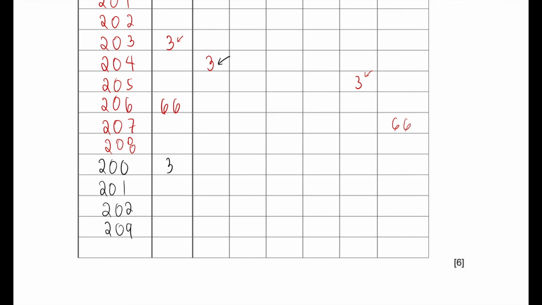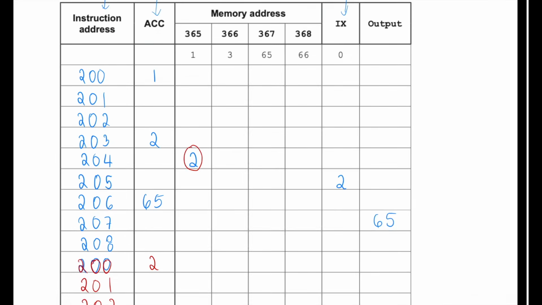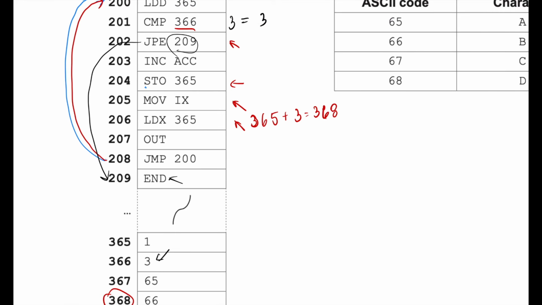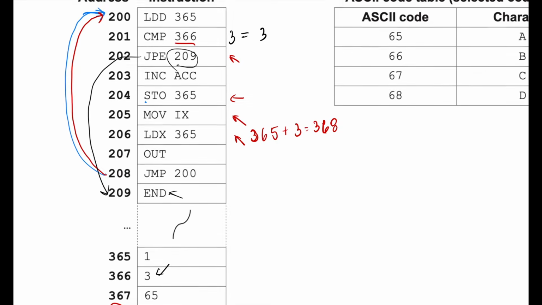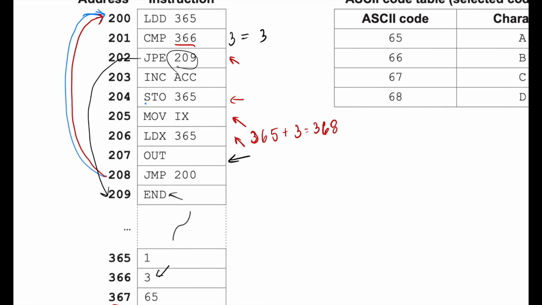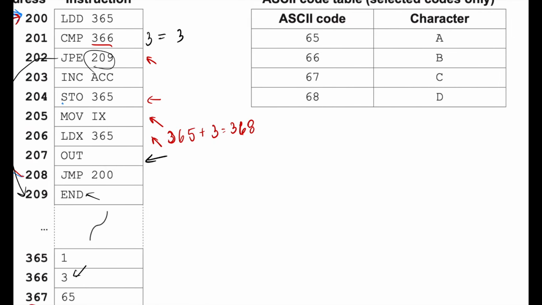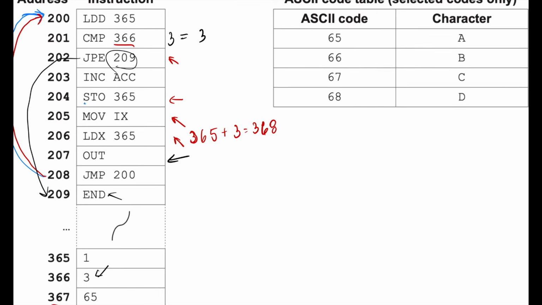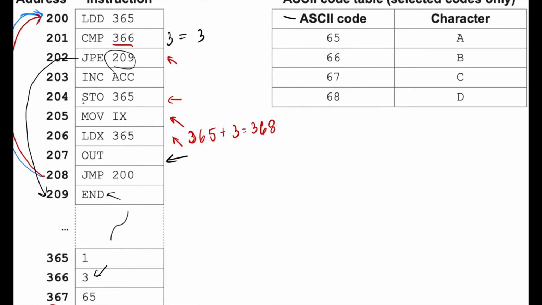One other thing I want to mention is right here with the output. Whenever we're outputting things, whatever value we have there is going to be an ASCII code.